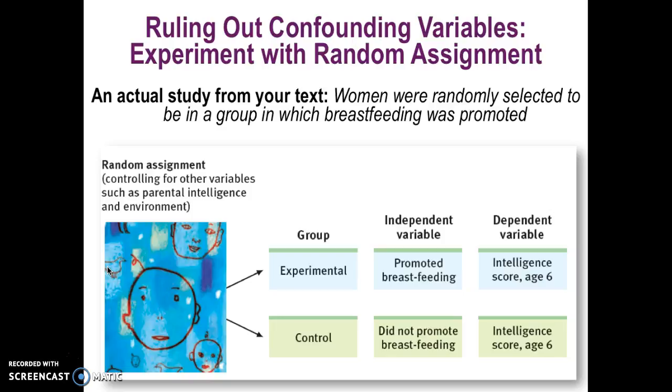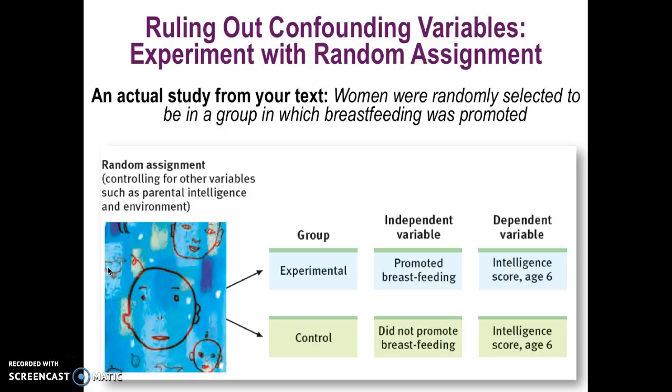The actual results on the dependent variable was that kids in the experimental group actually scored 6 percentage points higher on average than those children that were in the control group. But again, only 43% of the breastfeeding experimental group actually chose breastfeeding.